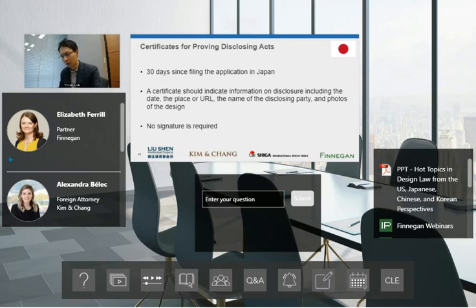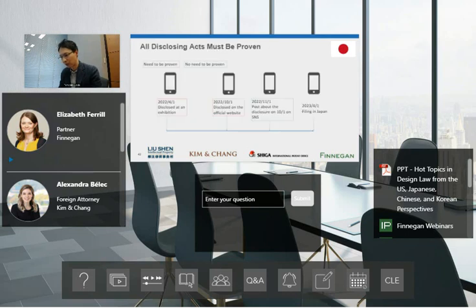So comparing to the other jurisdictions, I think the grace period practice in Japan would still be strict. I hope that the JPO would relax the requirement more. Especially, I hope the requirement regarding 30 days would be removed in the future. And that's all. Thank you.